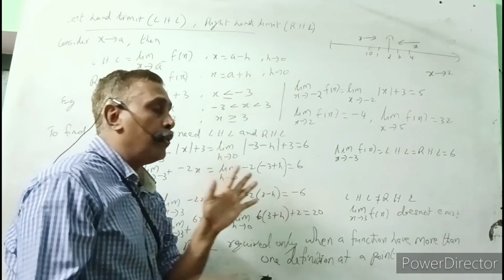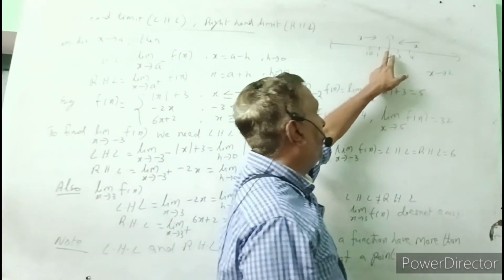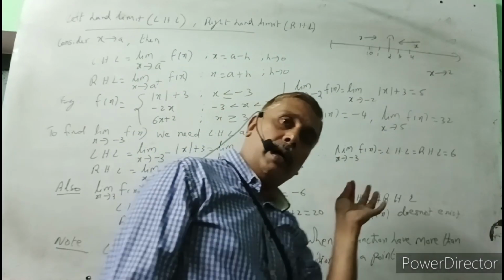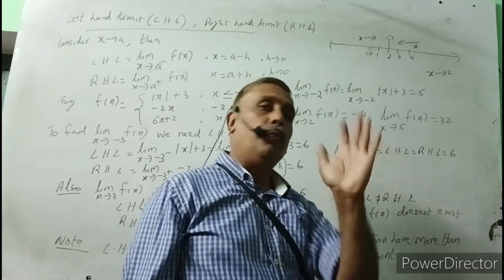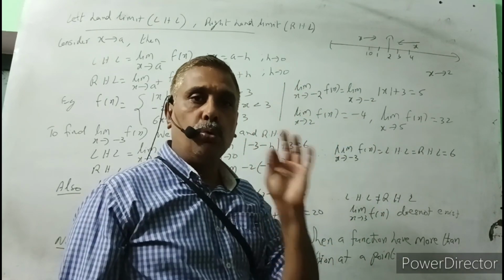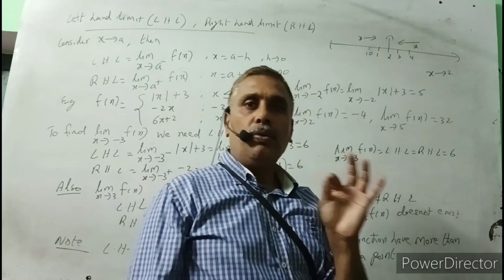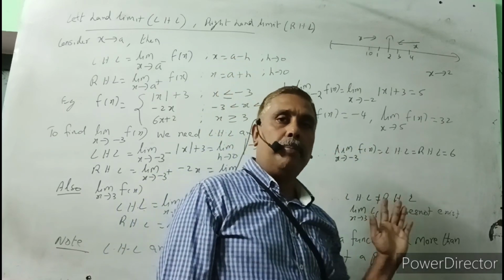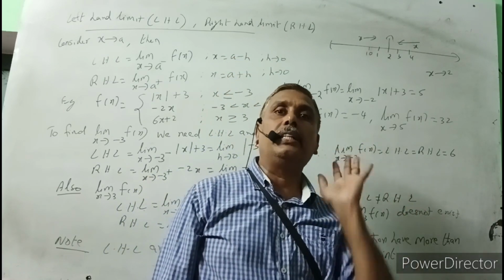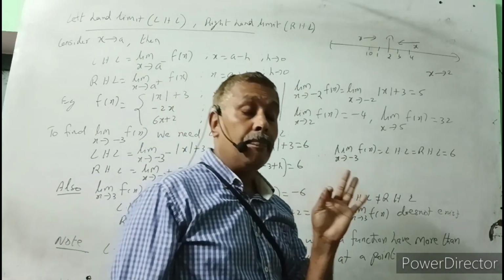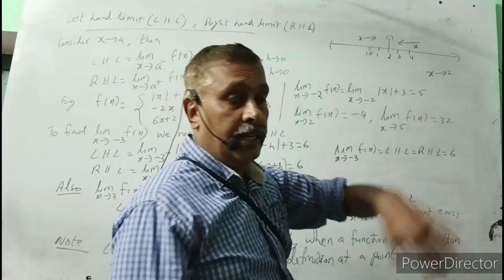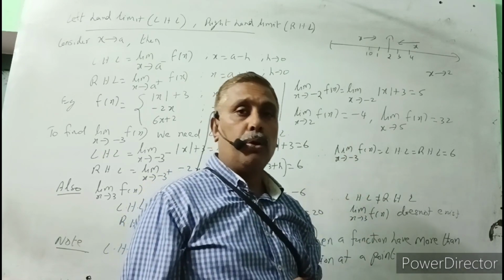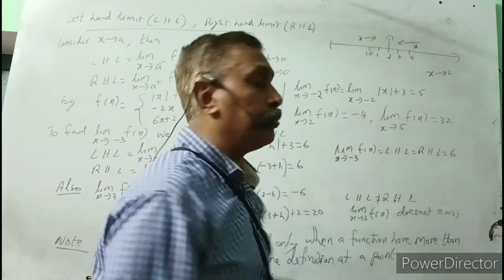H is a very small number, which means if you are subtracting a very small number from 2, you will get the left hand side of 2. 2 minus a very small number, 1.99 etc. So the left side of the numbers can be obtained by subtracting a very small number, and the right side of the neighborhood you can obtain by adding a very small number.